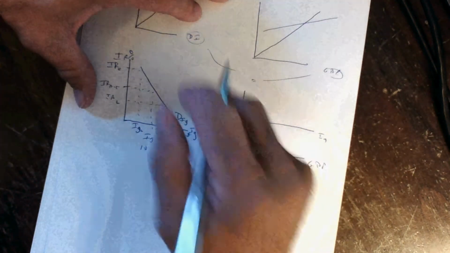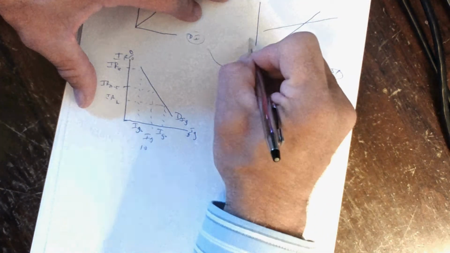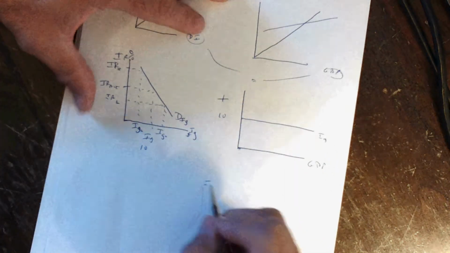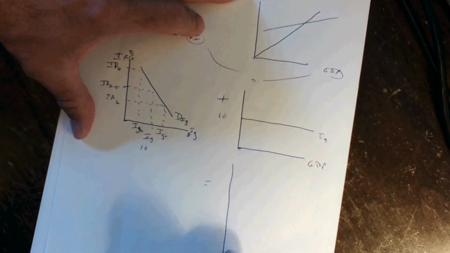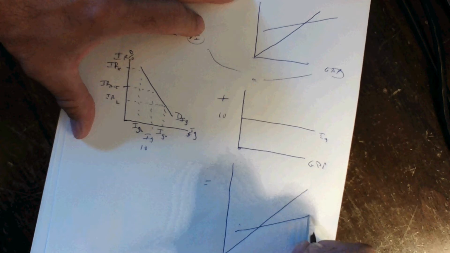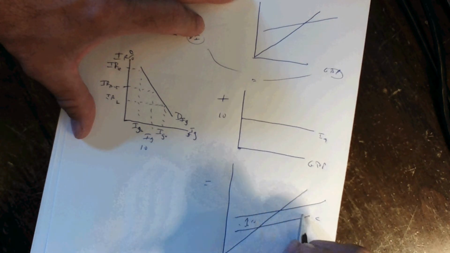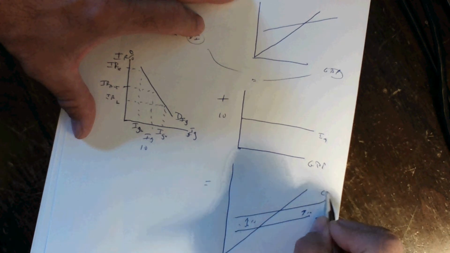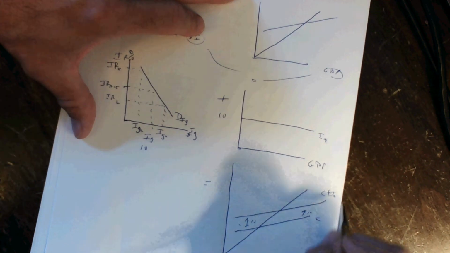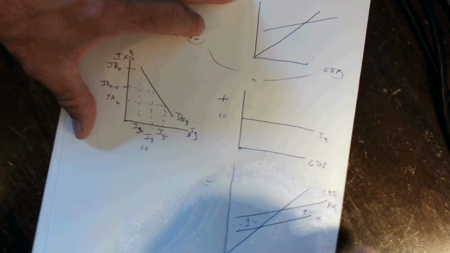Now we can add these two. We can add this one and get aggregate expenditures. See? A constant amount of 10 between the two. So this is C plus IG, aggregate expenditures.